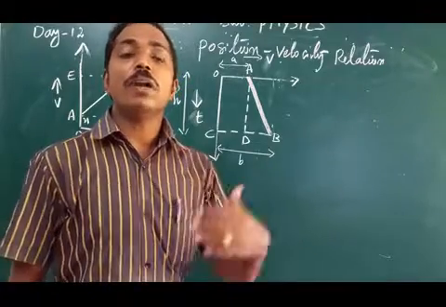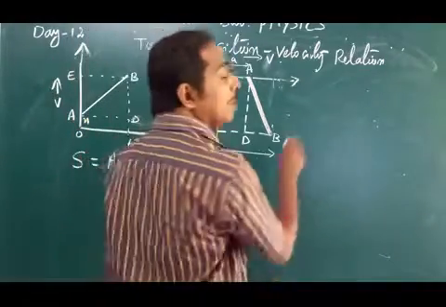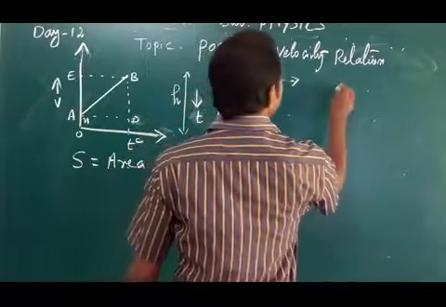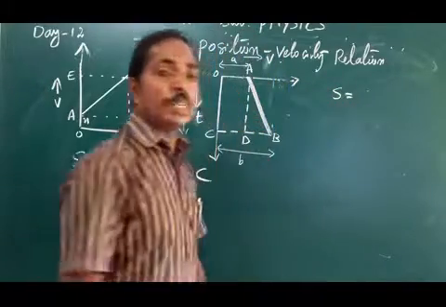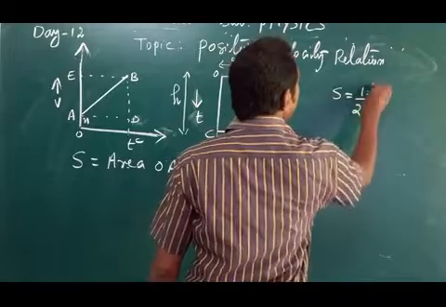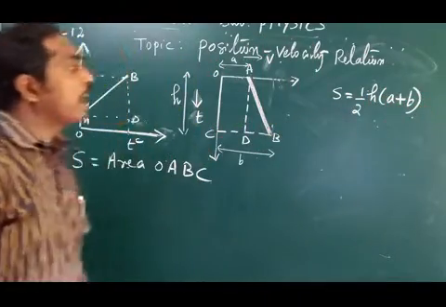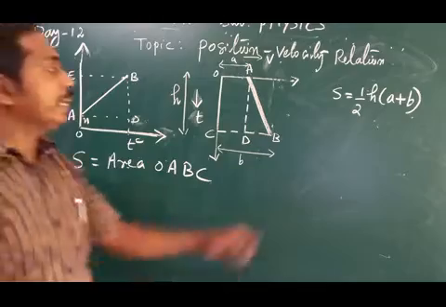depending on the equation for a trapezium. What is the equation for a trapezium? How will you find the area of a trapezium? Which equation? Half h into a plus b. This equation we are using. S equals area.